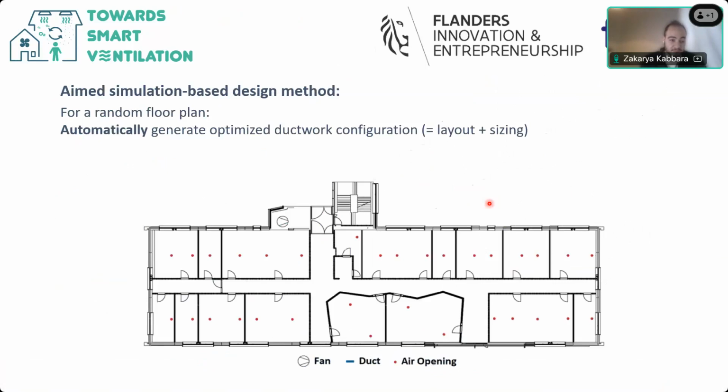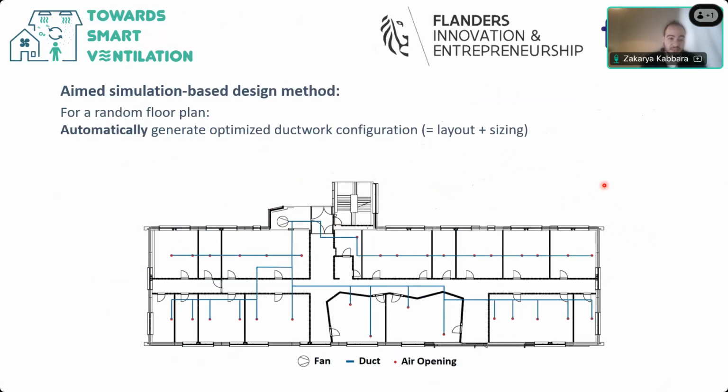For a random floor plan, such as the one you can see here, we can give the position of the fan and the positioning of the air openings, and we want to determine the duct automatically using our simulation-based method. So that's the main aim, and we want to generate optimized ductwork configuration, and that includes the ductwork layout and sizes. So the automatic generation of optimized ductwork configuration, that's our main aim.